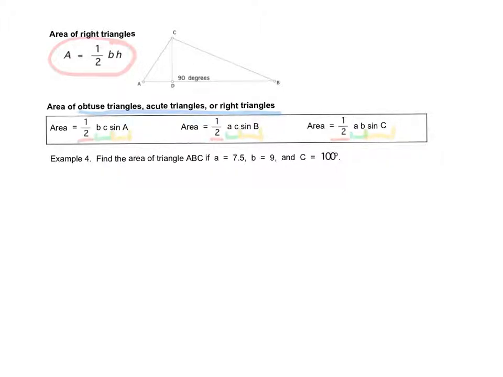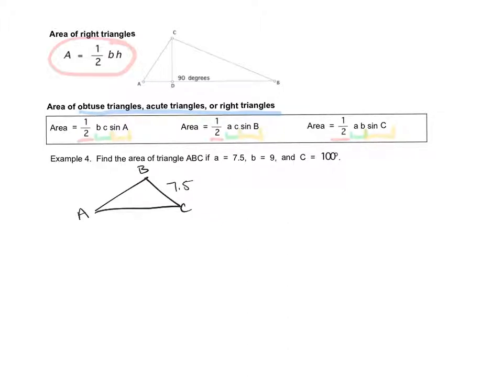So in our example 4, we're going to find the area of triangle ABC. So let's start with drawing our diagram, and we'll label the vertices A, B, and C. Remember, the length of side A is going to be opposite angle A, so this side is 7.5.